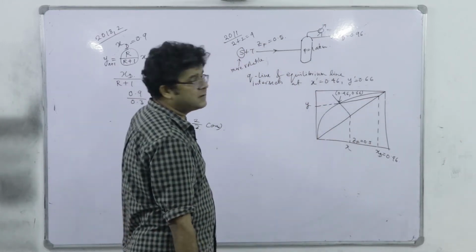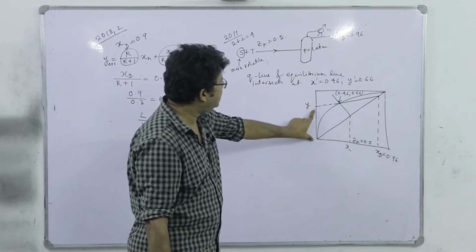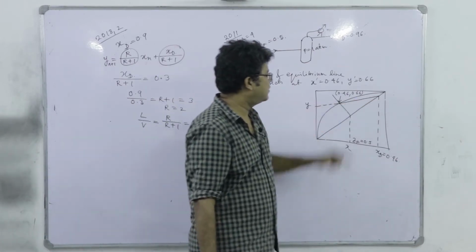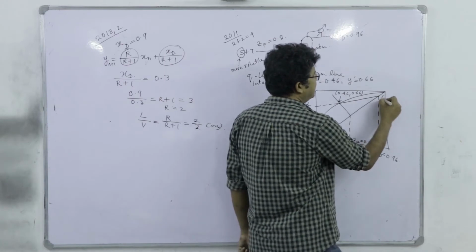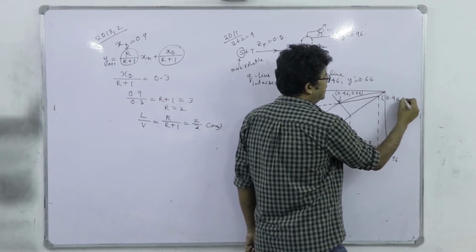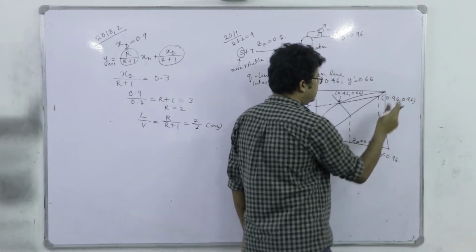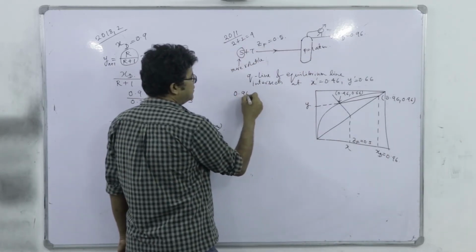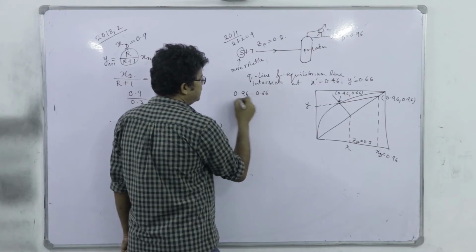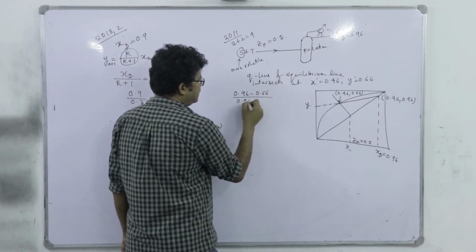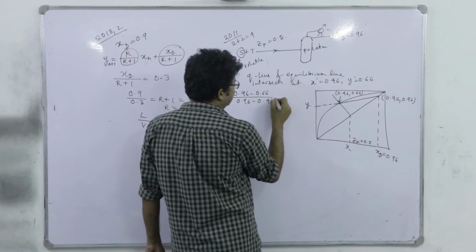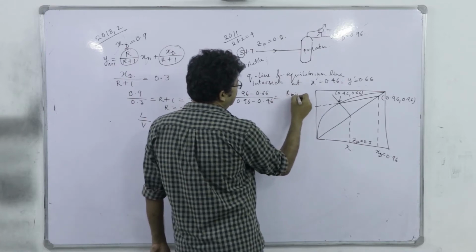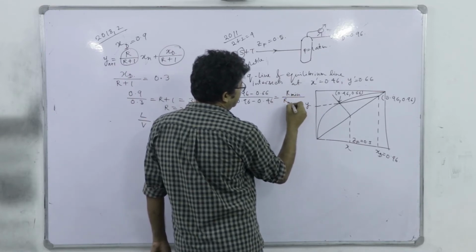Generally in a graph we solve from the intercept, but here we are not allowed to draw the graph, so we calculate from the slope because we know these two points. The slope is 0.96 minus 0.66 divided by 0.96 minus 0.46, which is Rmin divided by Rmin plus 1.